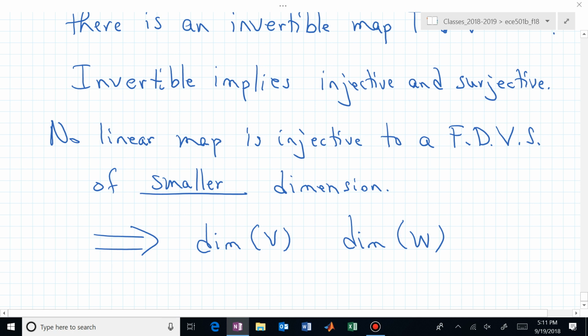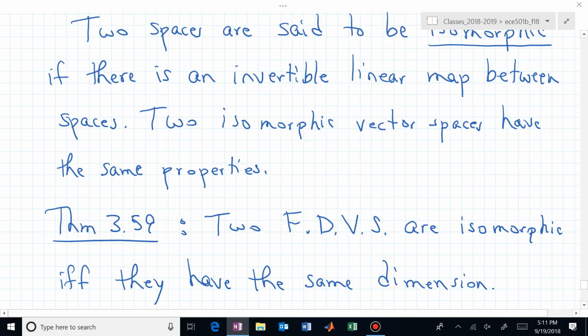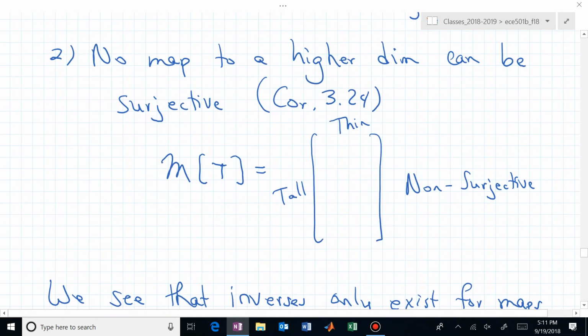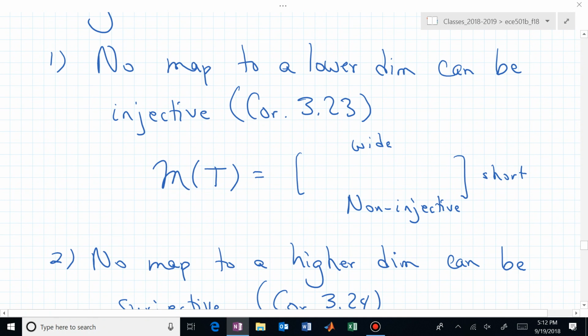So now we want an injective map. An injective map takes what? A non-injective map looks like this, right? Wide and short. So what's an injective map going to look like?